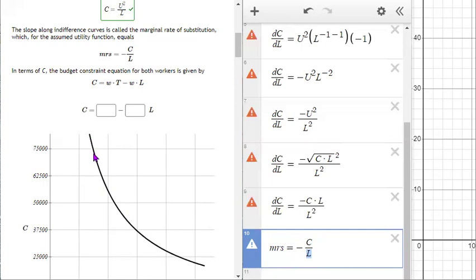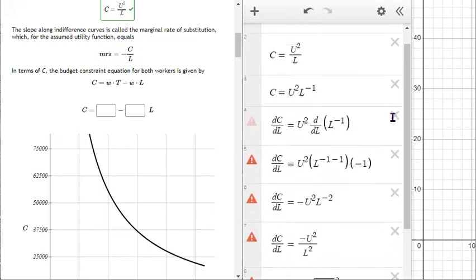So we're holding utility constant here. What's happened to the slope? Well, consumption's fallen and leisure's increasing, and the slope is getting closer to 0, right? So that's how we got this equation here.